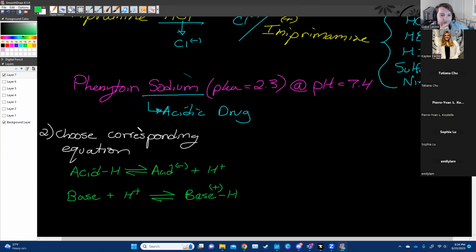Once we identified what kind of drug it is, we know that we're going to be choosing the acid equation. So here we have phenytoin, which would have its hydrogen connected to it. And we know that it can dissociate into negative phenytoin and H+.